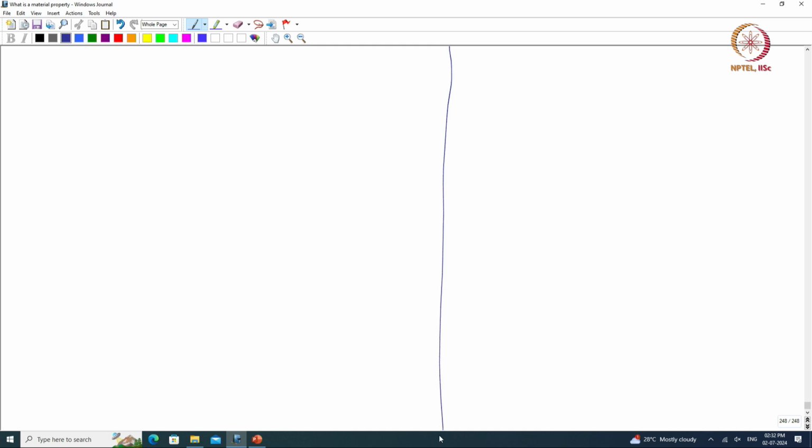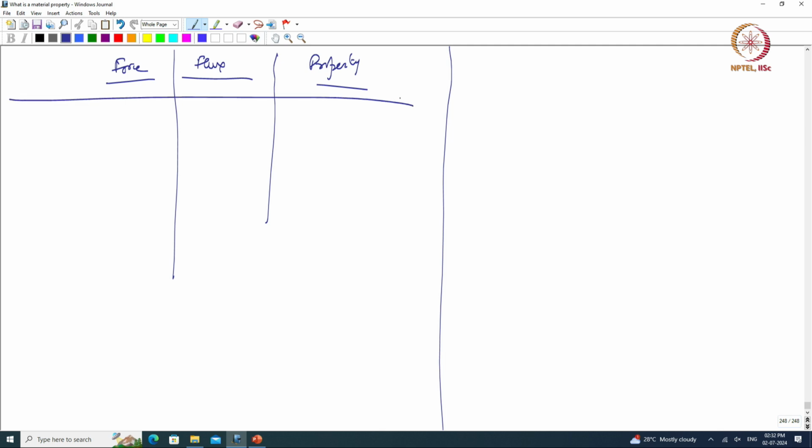Okay. So, then I have a third property, again I am going to write force, flux and property. So, I did heat transport, I did mass transport, what is remaining is charge transport. I do not need such big lines because I will not do any other transport, right. Okay.